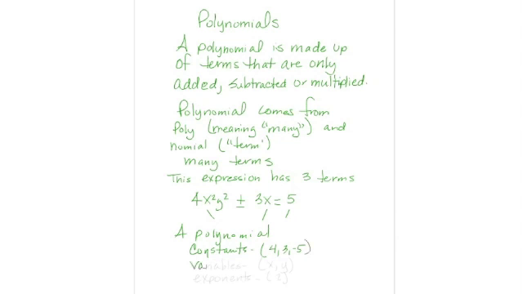A variable or many variables. Those are the letters we use, like x and y, and exponents. Like, for example, the 2 in our expression above.